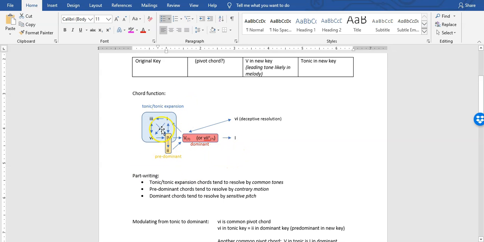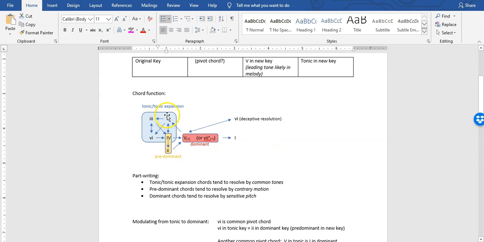If we look at the chord function of these, which I introduced in the part writing videos, notice that some chords are what we call tonic or tonic expansion. Some chords are predominant that move to the dominant key. Chords resolve in terms of part writing most often by their function. We'll get to all of these chords over time, but this does give you a sense of how chords tend to resolve in chord progression.